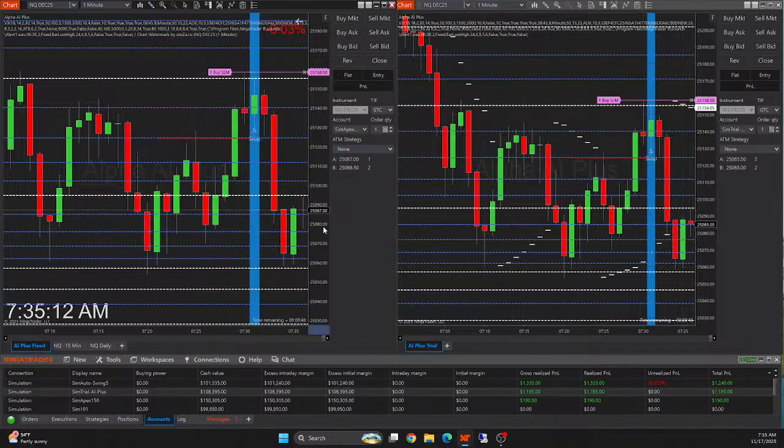It's like 300 ticks. And then we'll look for another trade.